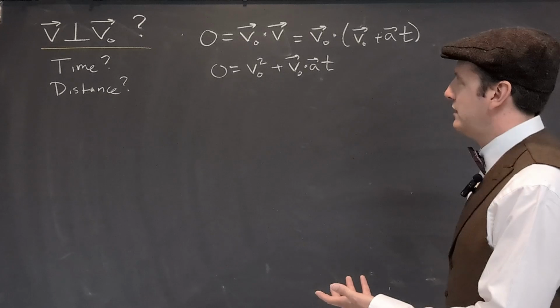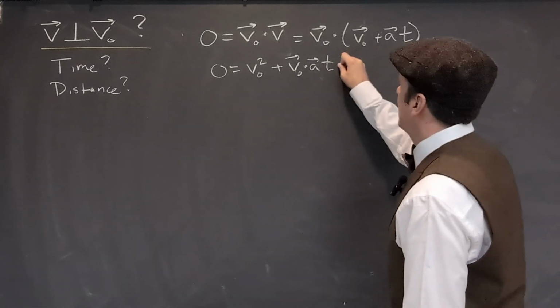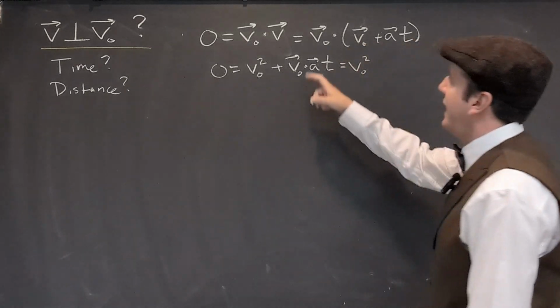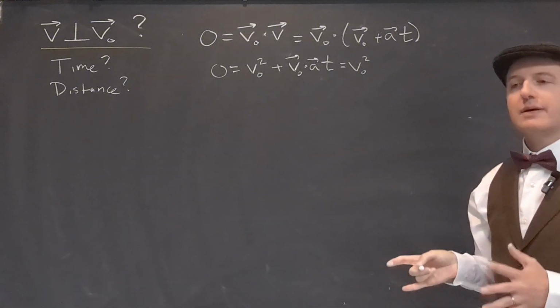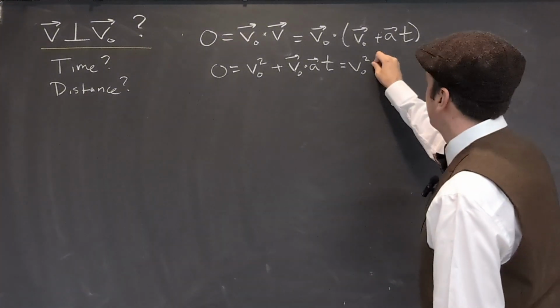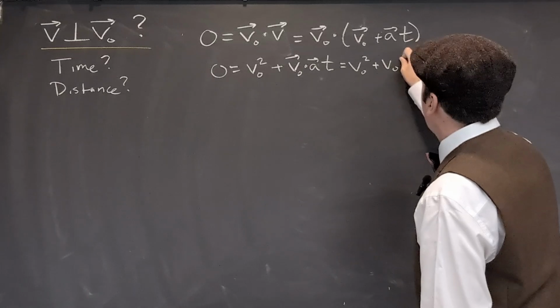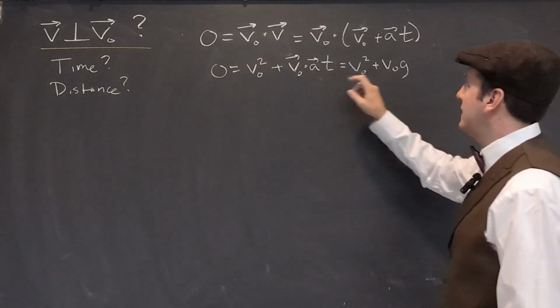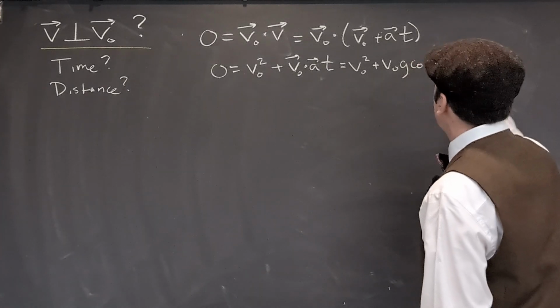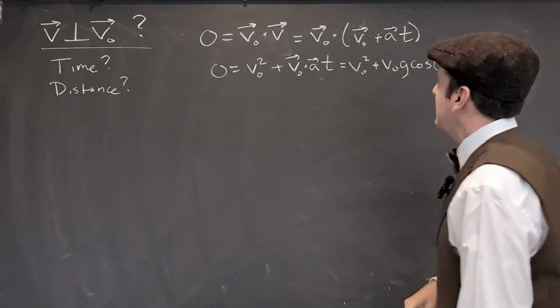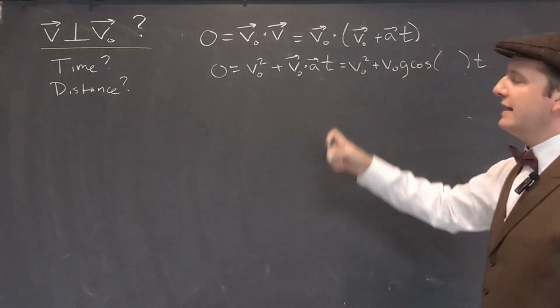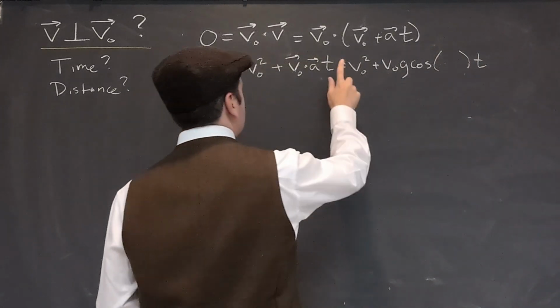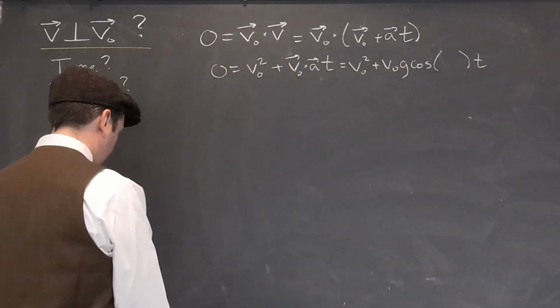Now remember, in general, the dot product between two vectors can always be written as the product of their magnitudes times the cosine of the angle between them. Magnitude here is v naught, magnitude here is g. Now I just need the cosine of something and multiply it by t. The angle I need to plug in here is the angle between my initial velocity and the acceleration.